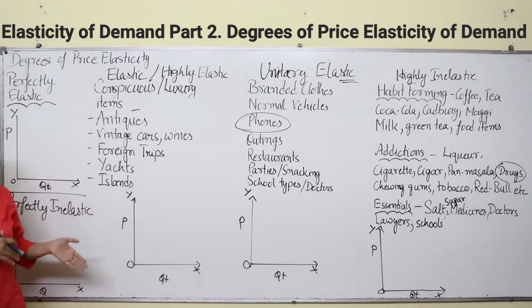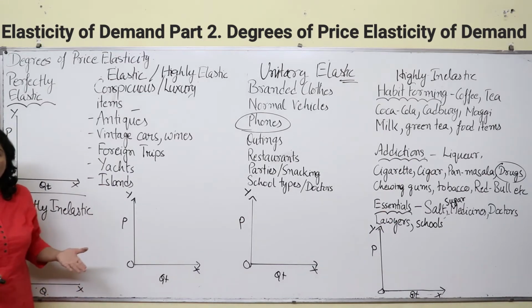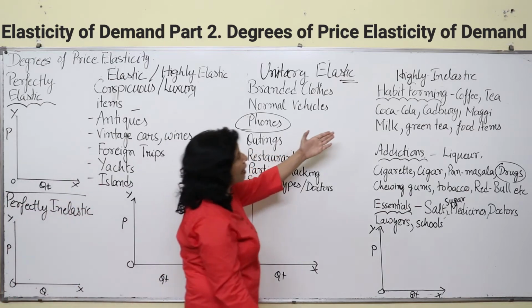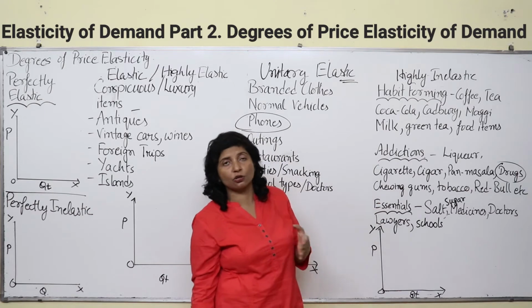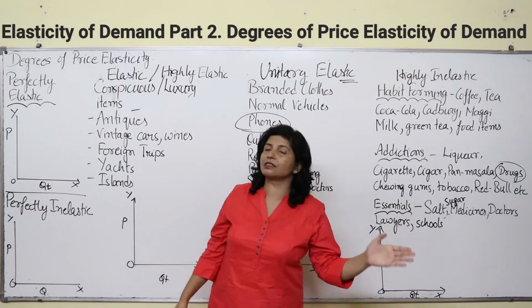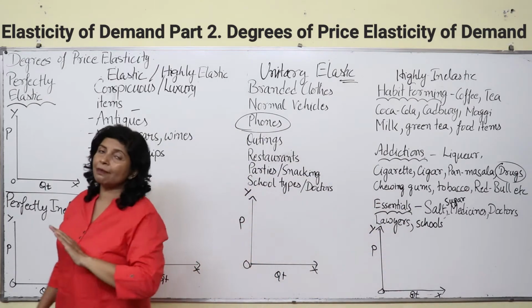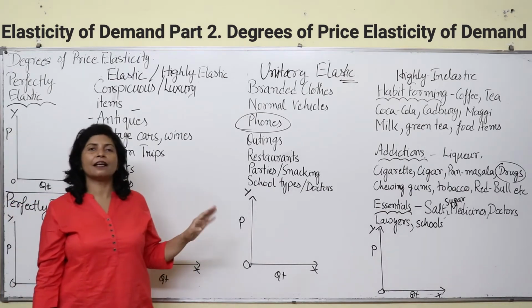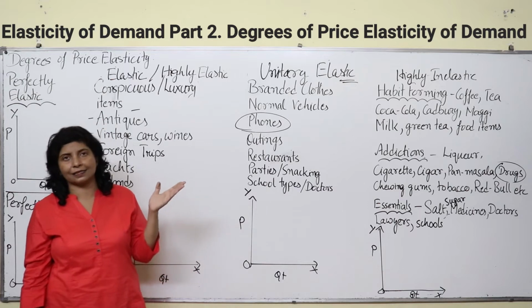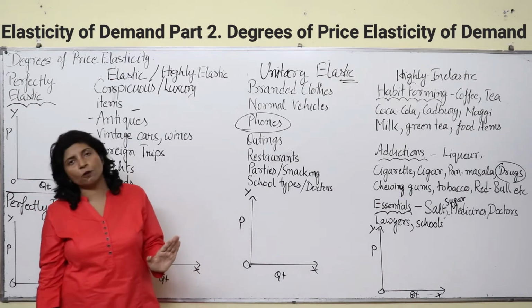But there are certain things in our life which we use in our day-to-day life. They may be habit forming, they may be addictions, they may be essentials like salt, sugar, medicines, doctors, lawyers, etc. And their demand cannot be changed irrespective of change in price. Say for example, if the price of salt increases, then also we will consume the same amount of salt.